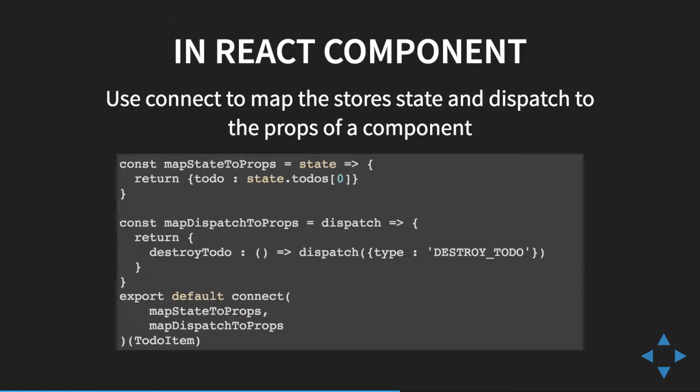This will provide us the return of the state, and then this is mapping these events. Then in our export statement, we're using connect to bind these two to the store that we've provided in the overall app.